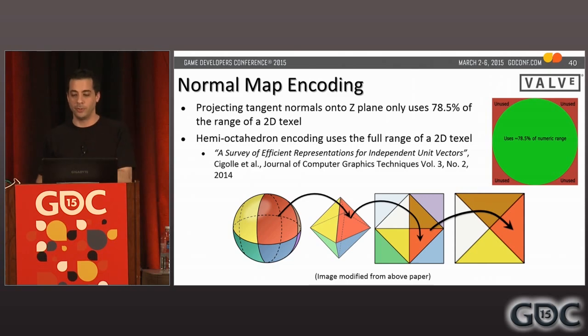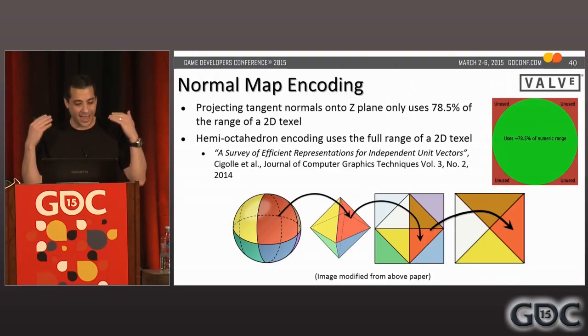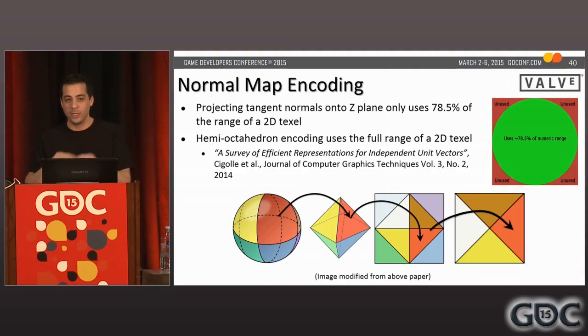This is a much better use of the numeric range of your normal map. And to decode this is only about 5 or 6 instructions. So it's super cheap. We do it. That is now the standard that we use inside of Valve for VR normal maps.